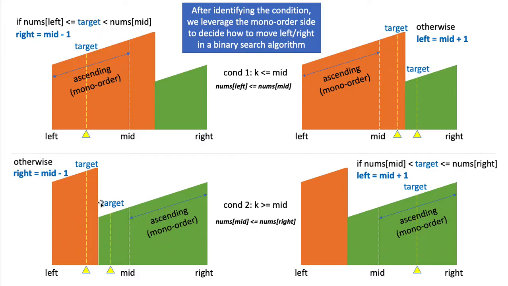Again, we cannot just compare target versus nums mid, because even if the index for the target is on the left-hand side of mid, target can be larger than nums mid, or it can be smaller than nums mid. There's no telling of this since this order here is not a mono order.